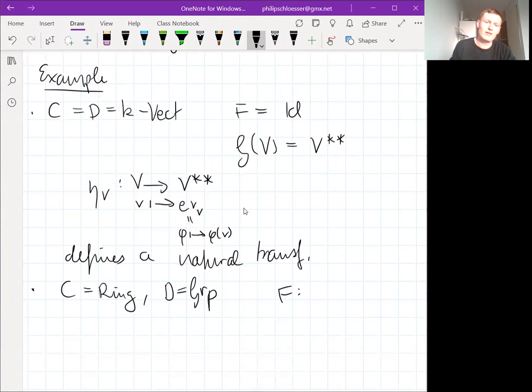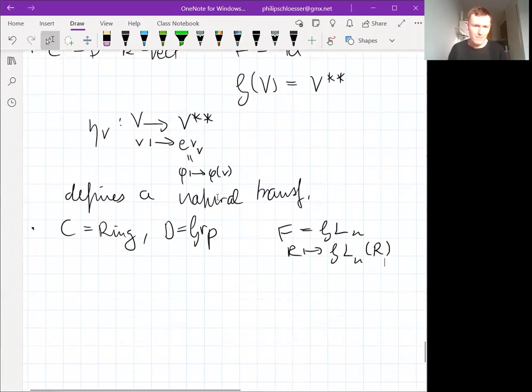We have F is GL_n. So we have a ring and we just map a ring R to GL_n of R, meaning the invertible n cross n matrices whose entries are elements of that ring. And what G does is, sort of, we send every ring to its group of units.